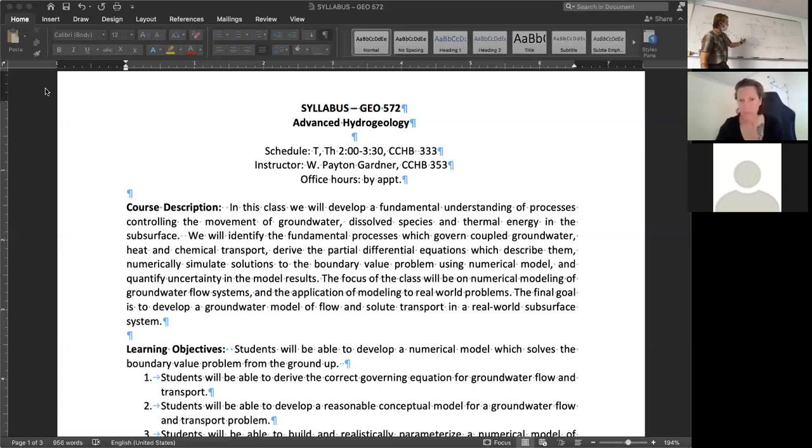The specific storage was how much water we would get for a change in head. So this term here is the change in porosity. That's the compressibility of the porous matrix. And the change in water density, that's the compressibility of the water for a unit change in head.